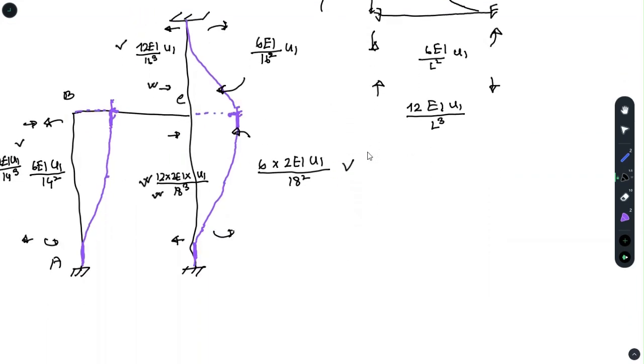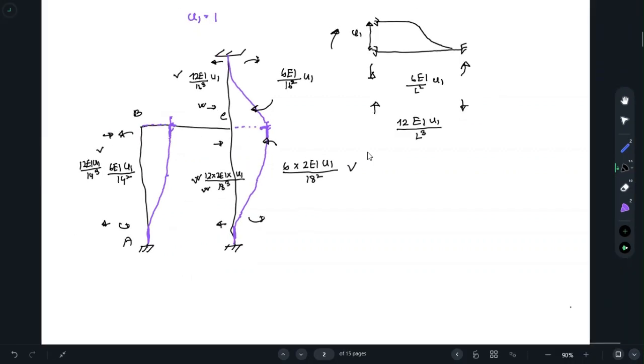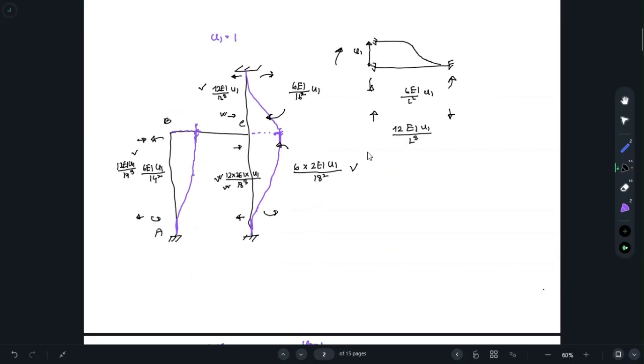Yes, you got a moment of 12 EI E1 over 14 squared. Or sorry, the moment is this, which is 6 EI E1 over 14 squared. The other one is reaction.